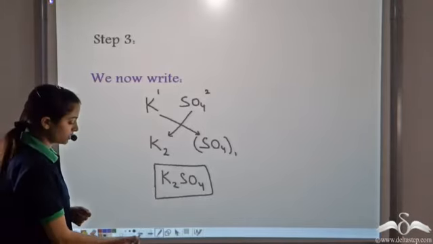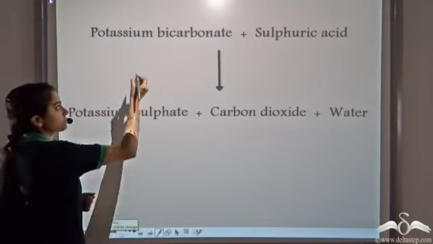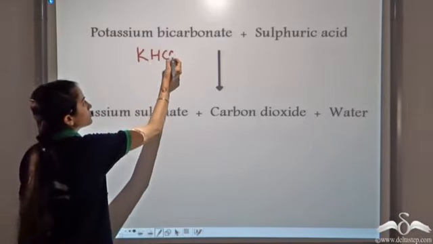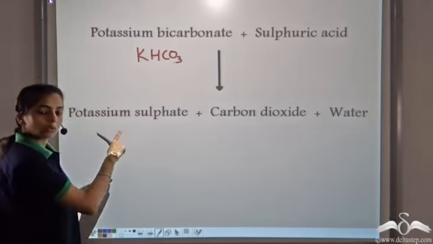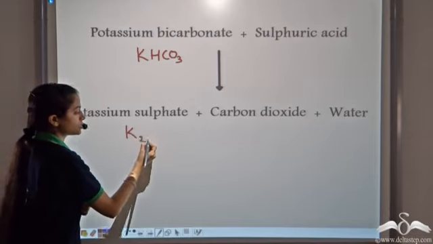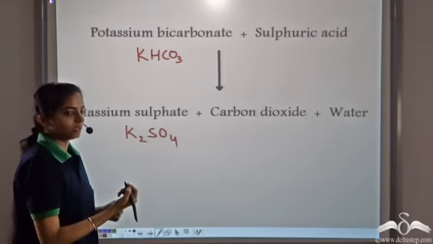Now let's read the equation again. We found out the formula of potassium bicarbonate, which is KHCO3. We found out the chemical formula of potassium sulfate, which is K2SO4. And the remaining formulae we know.